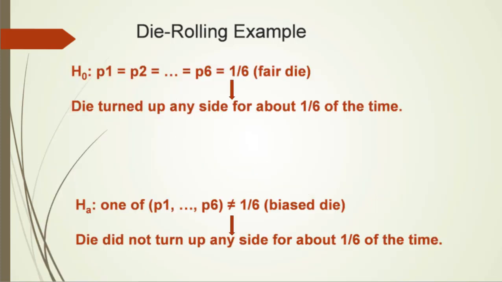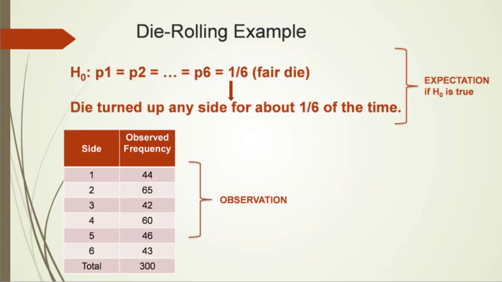If this die is fair, it should turn up any side for about 1 over 6 of the time. If this die is not fair, it should turn up to some sides more than the others. If the null is true, then our expectation would be that the die should turn up any side for about 1/6 of the time.